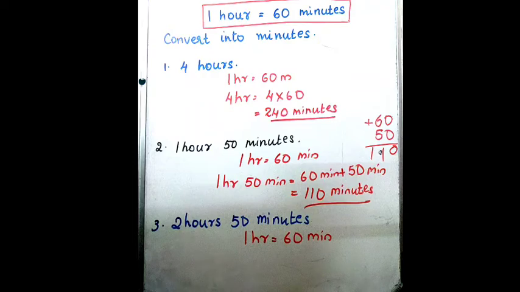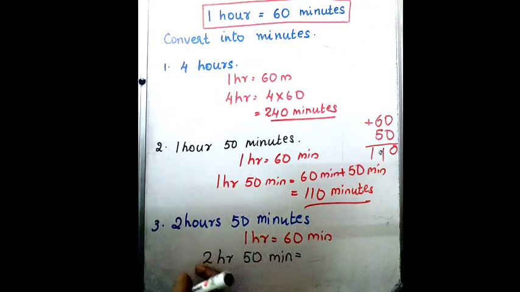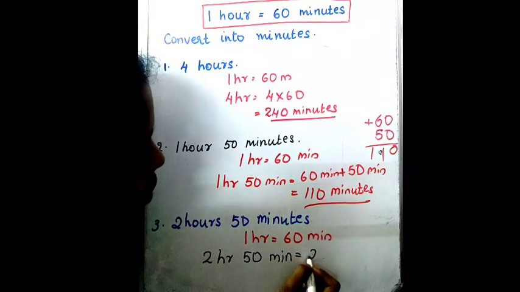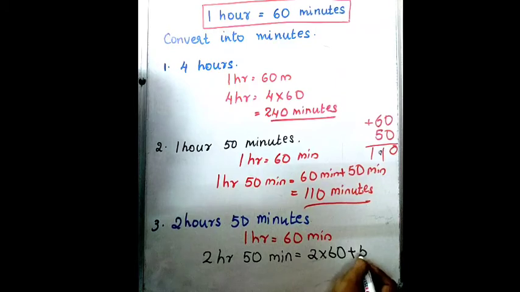Then 2 hour 50 minutes equal to 2 hour 50 minutes. 1 hour equal to how many minutes? 60 minutes. Then 2 hour equal to 2 into 60 plus 50 minutes.